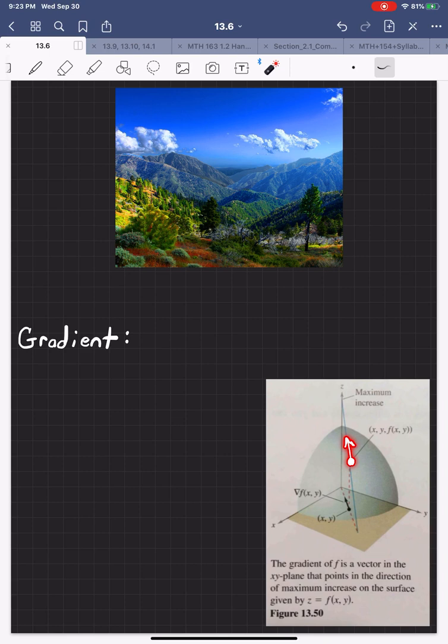And notice that there's also a vector in the plane that points in the direction of your desired goal. So this vector right here, the vector in the plane, this is what we call a gradient.